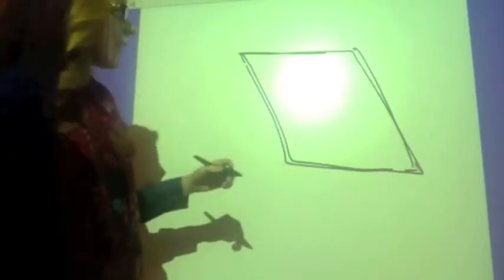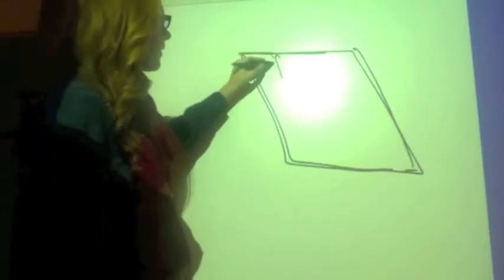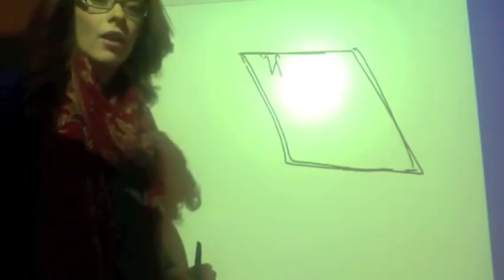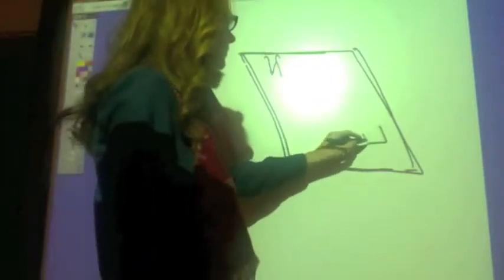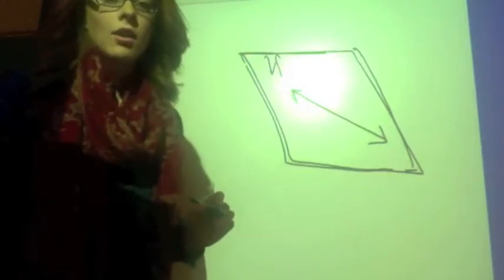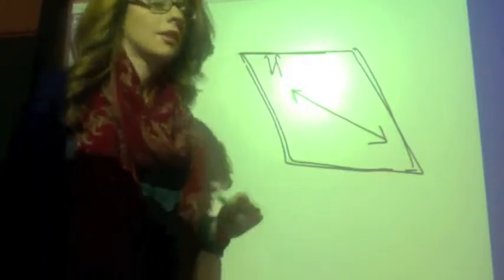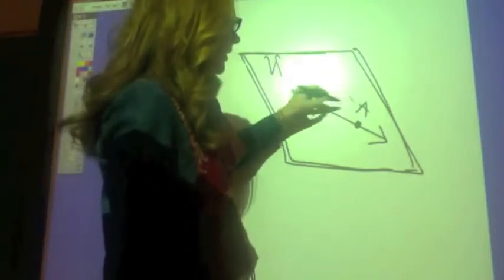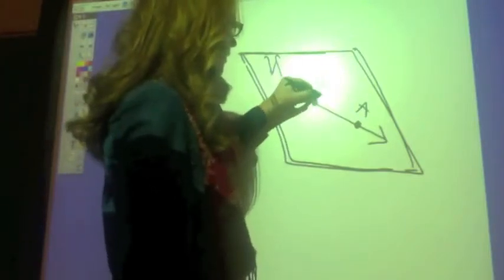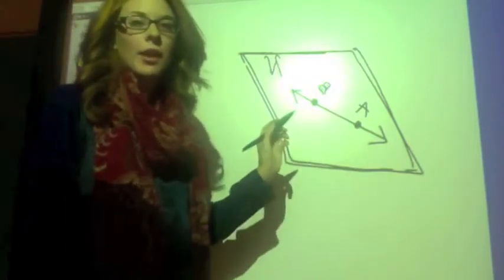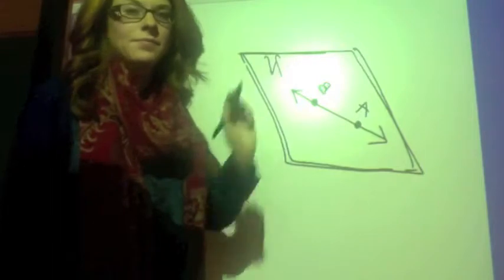So we can name our plane N. On plane N we will have a line. A line always goes through 2 points. Point A, point B. So that is line AB on the plane N.